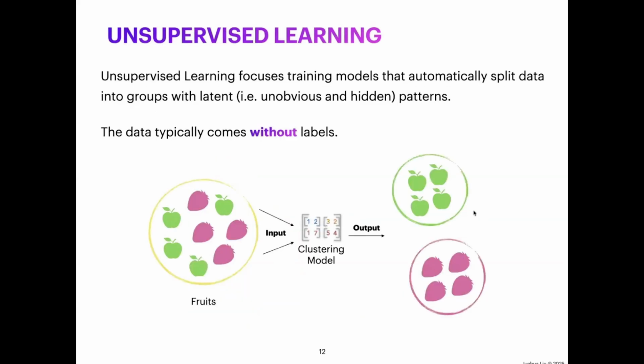In the case of unsupervised learning, it focuses on training models that automatically split data into groups with some latent patterns, that is, patterns that are not obvious or are hidden from common users. This kind of data typically comes without labels. The model is expected to find the pattern using some algorithm. Using the same example, the model is given a group of shapes randomly scattered around the space.